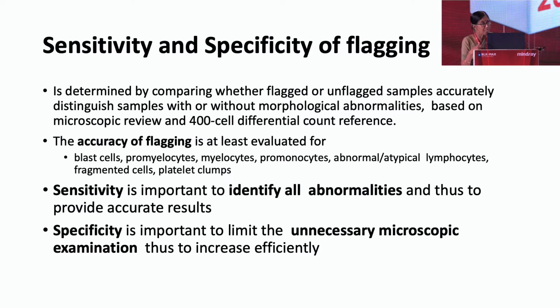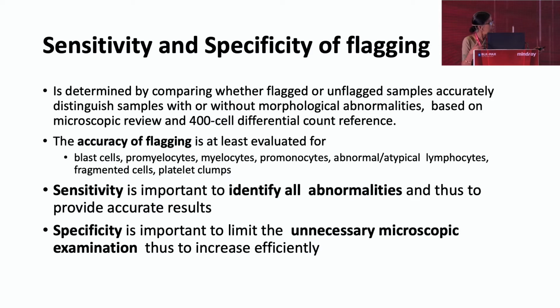So, as was heard in the previous talk, it's important to look at the sensitivity and specificity of the flagging. This is determined by comparing whether the flagged or unflagged samples accurately distinguish samples with and without morphological abnormalities, based of course on morphological review. So the accuracy of flagging is determined for various clinically significant parameters.